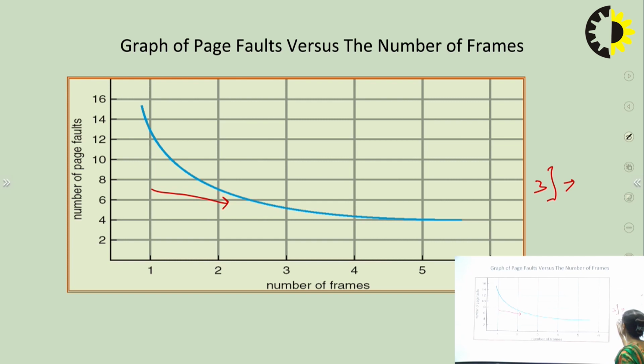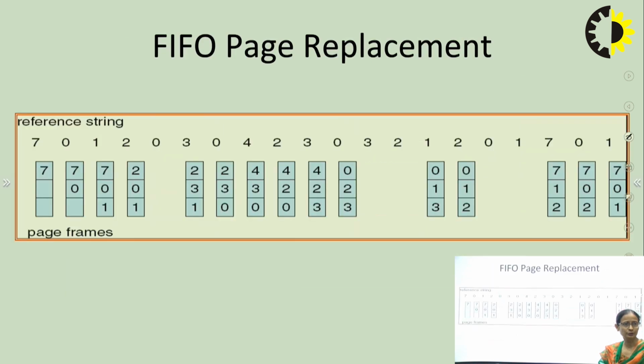But if I increase my number of frames to 5, then I have more space. So the relationship between the number of page faults and the number of frames is that as you increase the number of frames, my page fault rate decreases. But it is not always true. We will see later on why it is not always true.